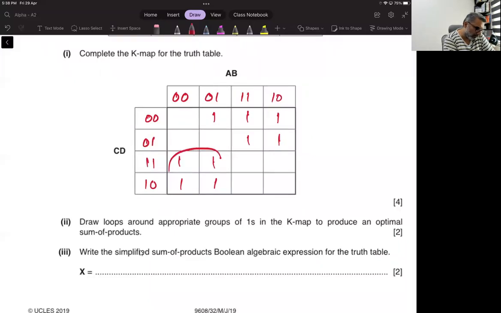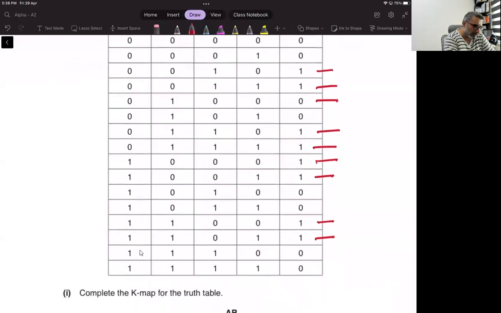Okay, so these are 4. These are 4. 1, 2, 3, 4, 5, 6, 7, 8. How many do we have here? 1, 2, 3, 4, 5, 6, 7, 8, and 9. Sir, we have 8 outputs, sir.